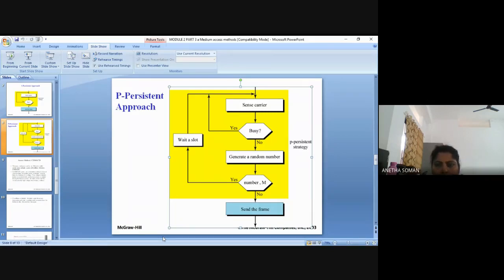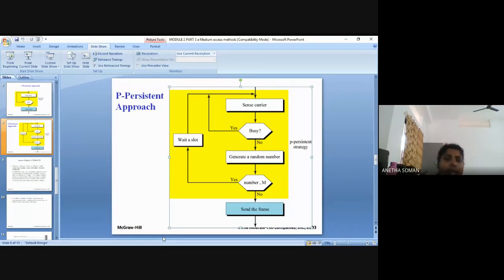Okay, so the p-persistence approach sends with the probability P and refrains from sending with the probability 1 minus P. If the medium is not busy, the station will generate a random number, and if the number is not within that limit, it cannot send the frame, and it will wait for a random amount of time.